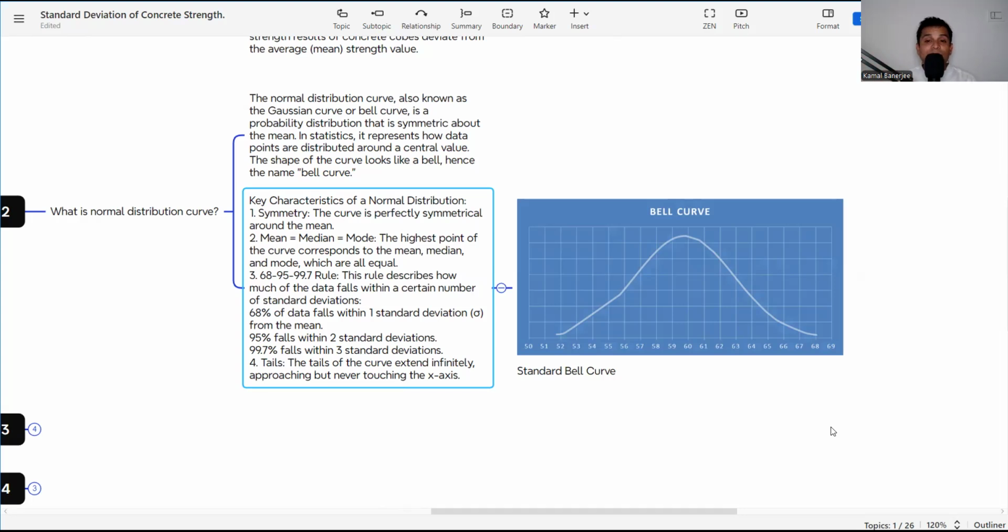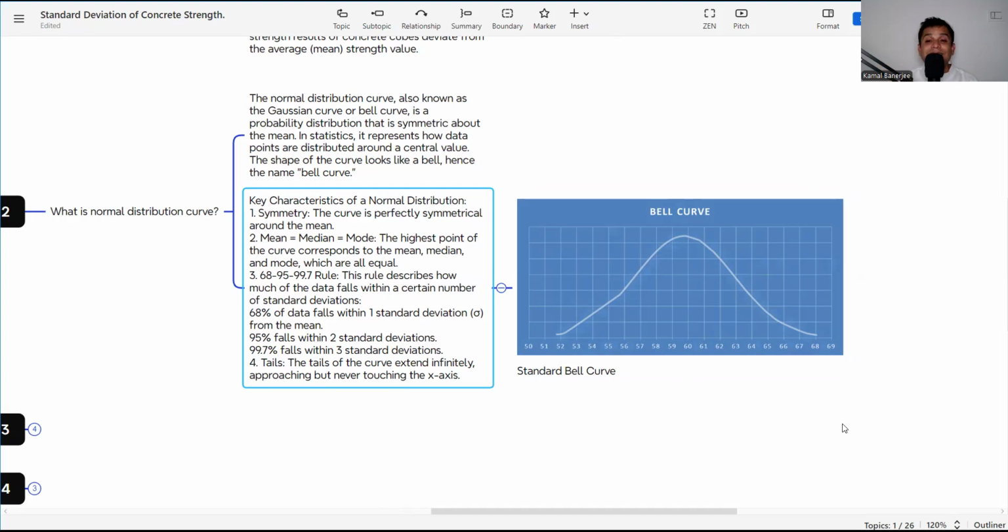If we are targeting for 50, then what will happen? The number of failing chances of the cube will be more if we go for the 50. So that is why this 1.65 is coming from this normal distribution curve or the bell curve.